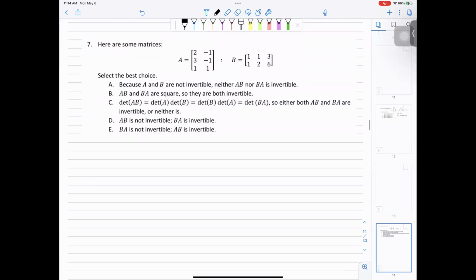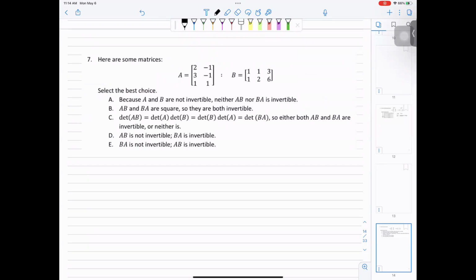Okay, 7. Here are some matrices. Select the best choice. All of these have to do with invertibility. When you see choice C, you should think, no, that's not correct. Why? Because I said in the review session that this is only true if A and B are both square.